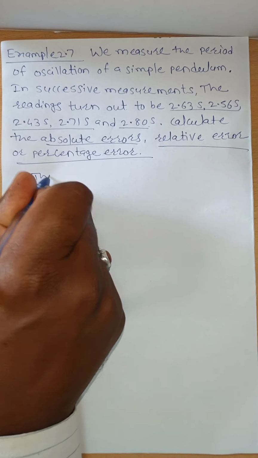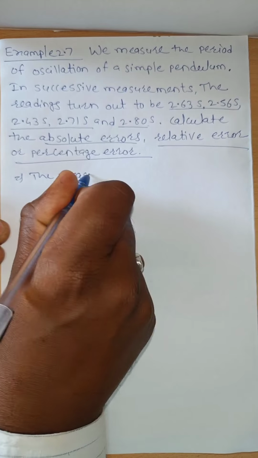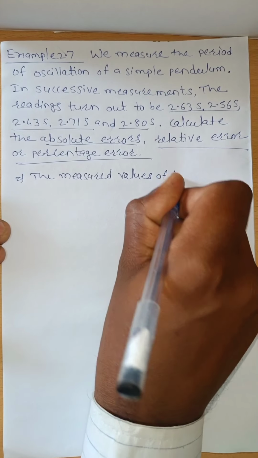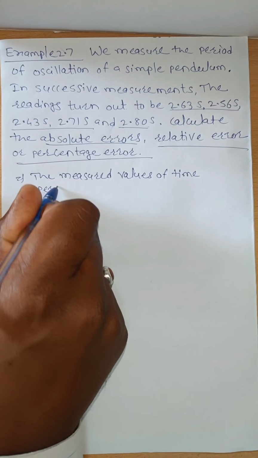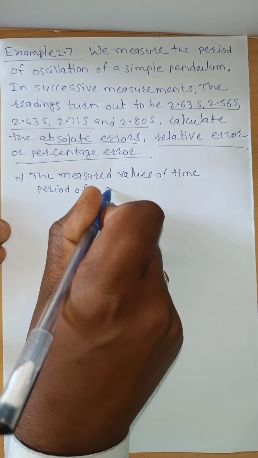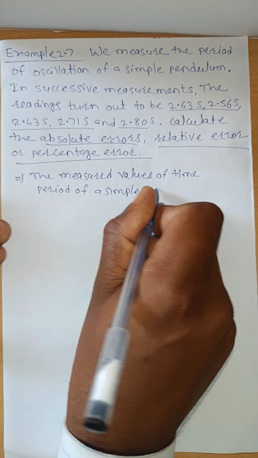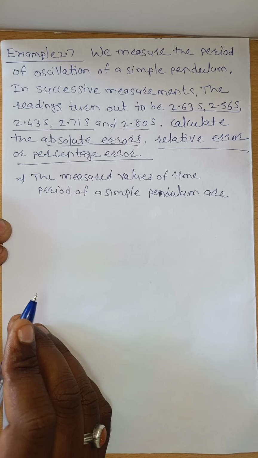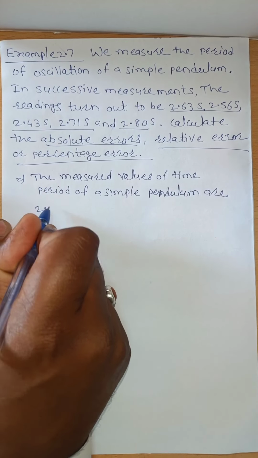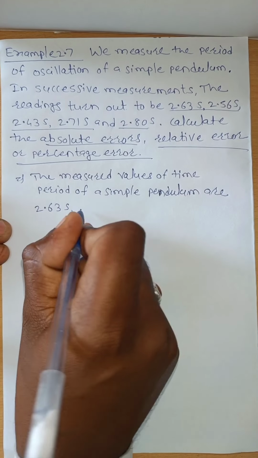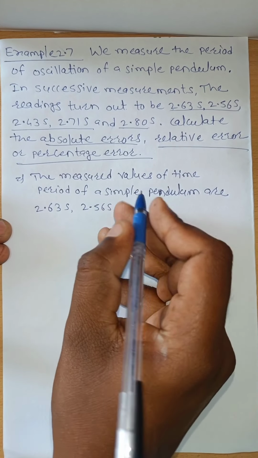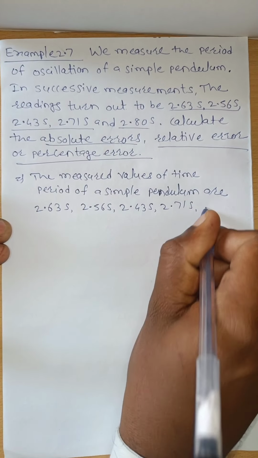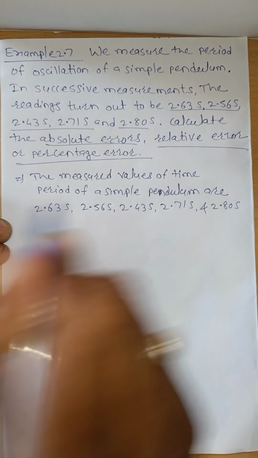Now the measured values of the time period of a simple pendulum are 2.63 seconds, 2.56 seconds, 2.43 seconds, 2.71 seconds, and 2.80 seconds.